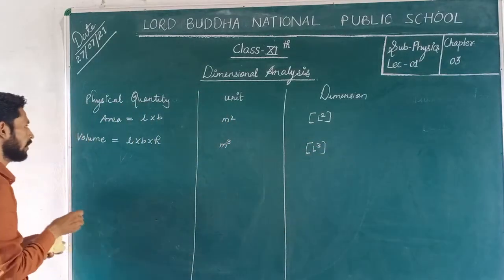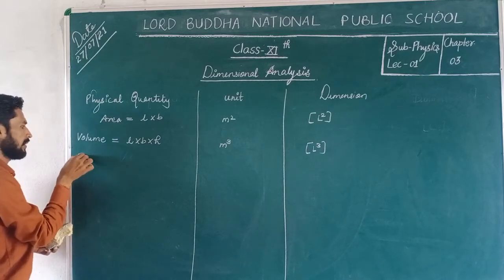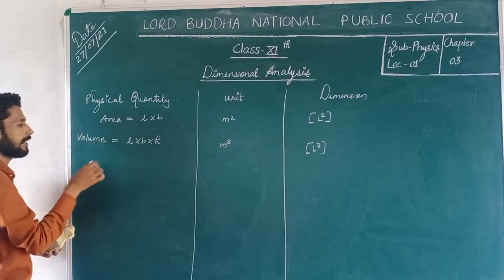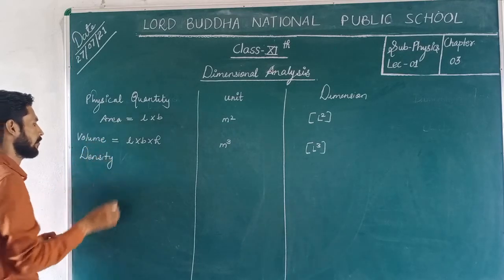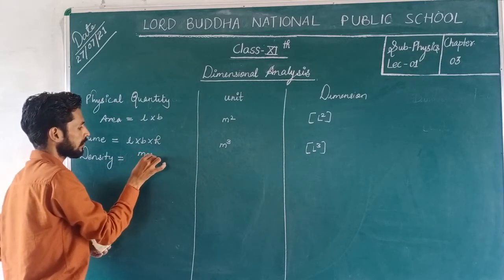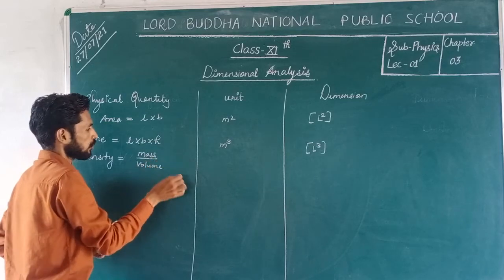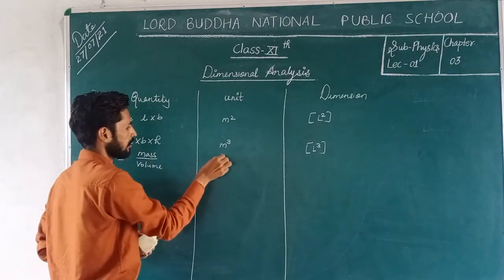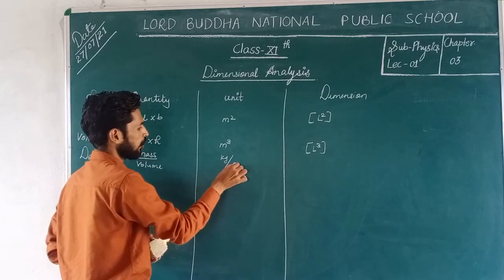Okay, now the unit of density, that's equal to mass by volume. So the unit is mass, that is kilogram, and the unit of volume, that is meter cube.